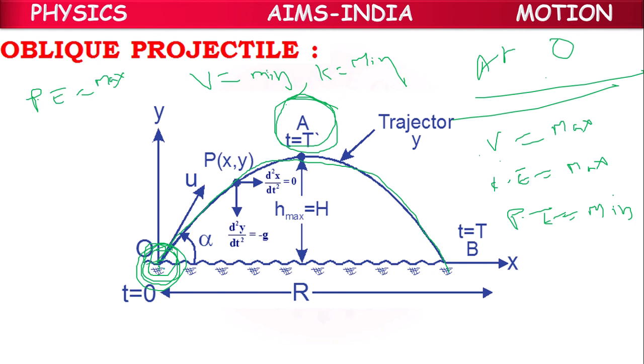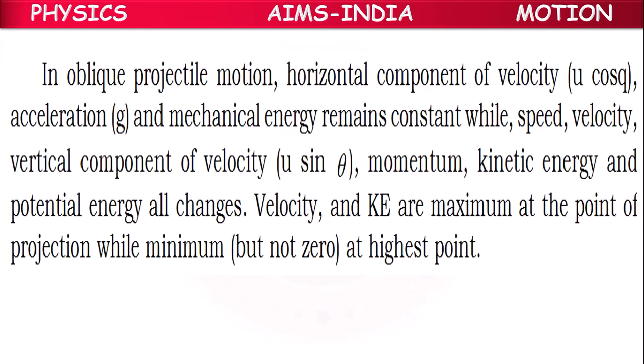So at the point of projection, velocity and kinetic energy are maximum and potential energy is minimum; at the highest point, they are minimum, minimum, maximum. The velocity and kinetic energy are maximum at the point of projection, and minimum, but not completely zero, at the highest point.